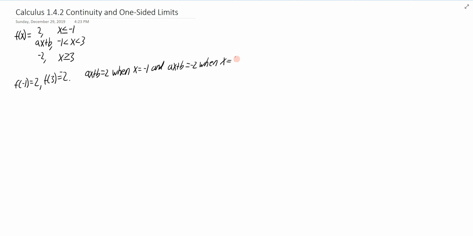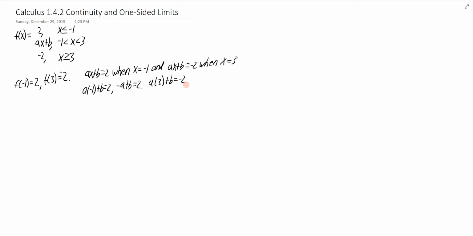So now we pretty much are just going to say this. We have a times -1 plus b equals 2. And then we end up getting -a plus b equals 2. From here, this is our one part. And then our next part is we say we have a times 3 plus b is equal to -2.